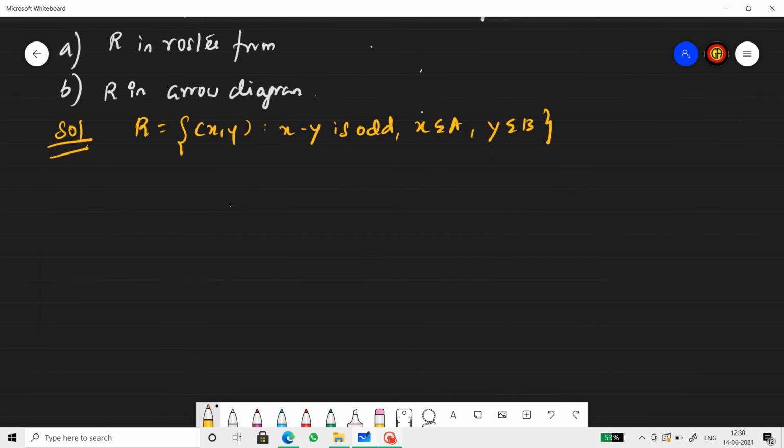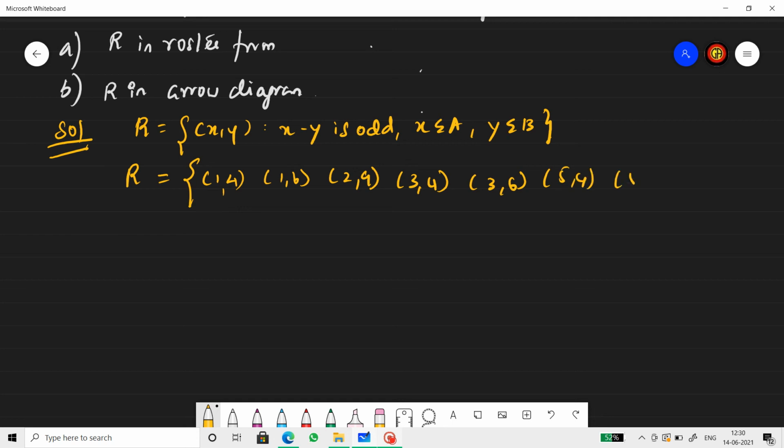So R in roster form is (1, 4), (1, 6), (2, 9), (3, 4), (3, 6), (5, 4), (5, 6). Right? So this is the answer for subdivision number A.